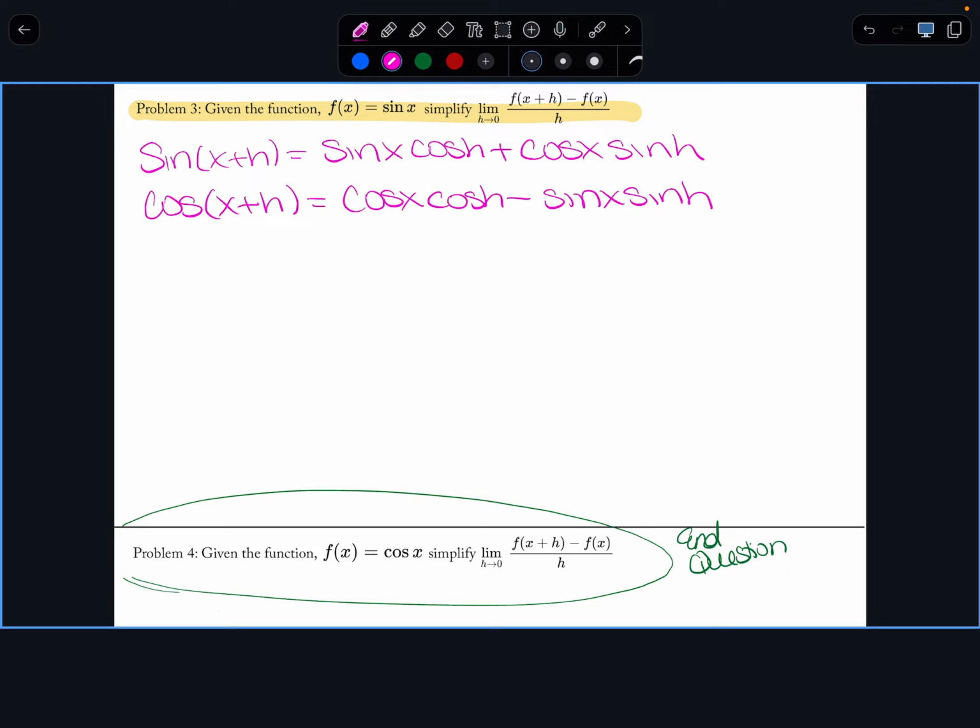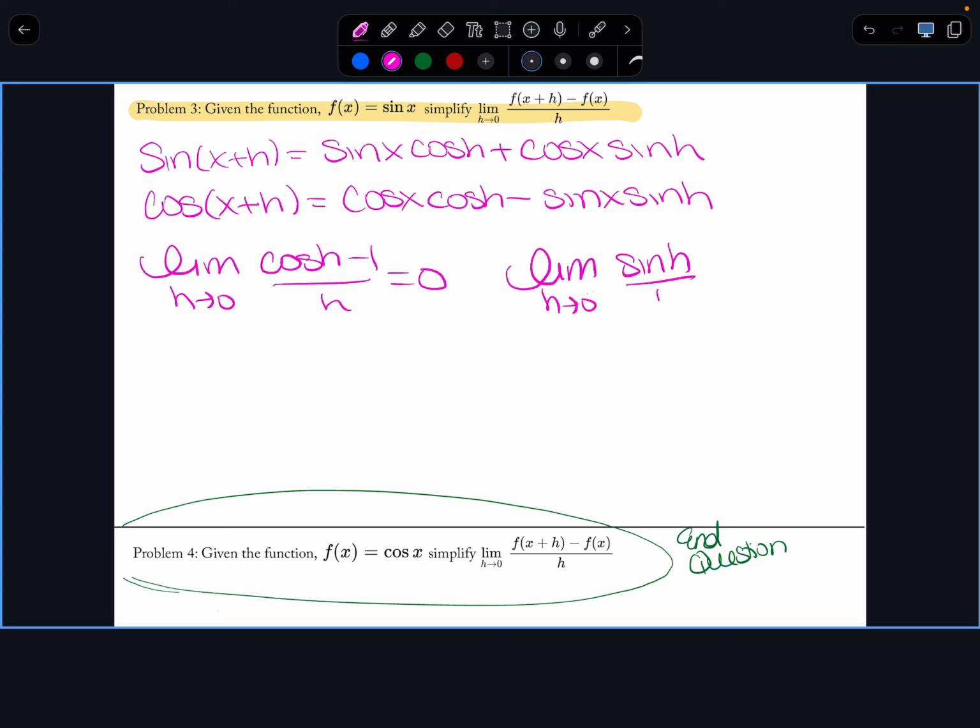You have to know that the limit as h approaches 0 of cosine of h minus 1 over h is 0, and the limit as h approaches 0 of sine of h over h is 1. You have to know those things, otherwise you cannot answer question 3 or question 4. So you're going to want those.